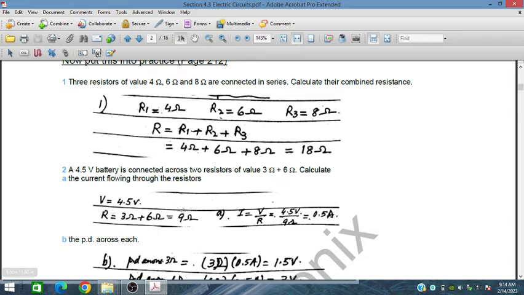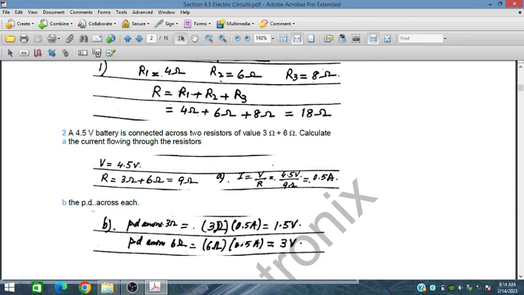This is the total because the resistors are connected in series. So I is equal to V upon R. Voltage is 4.5 volt and resistance is 9 ohms. So 4.5 divided by 9 is 0.5 ampere. So the current flowing through the resistors will be 0.5 ampere.